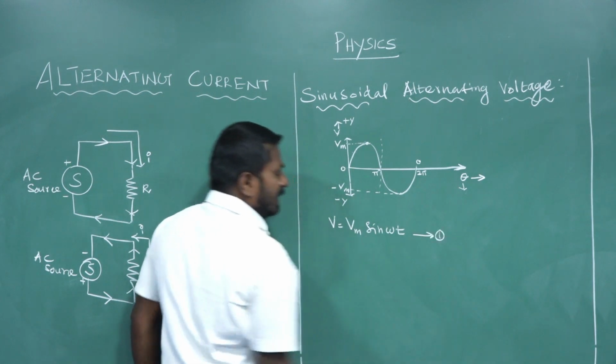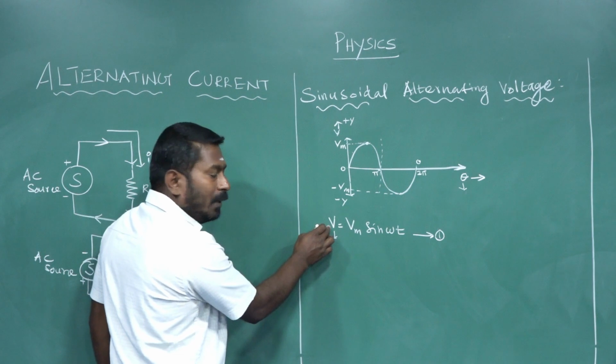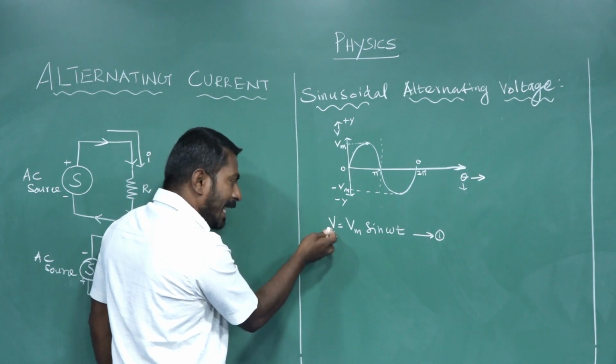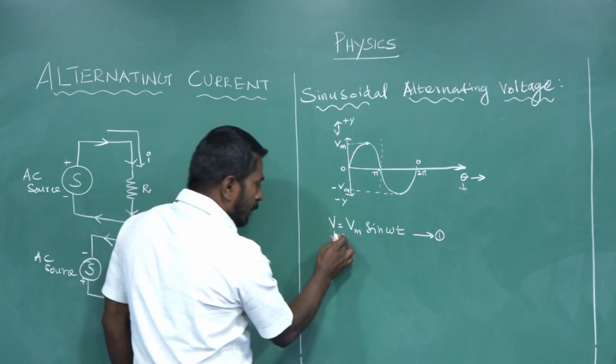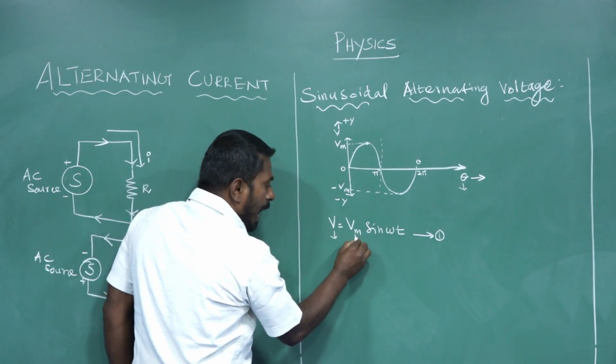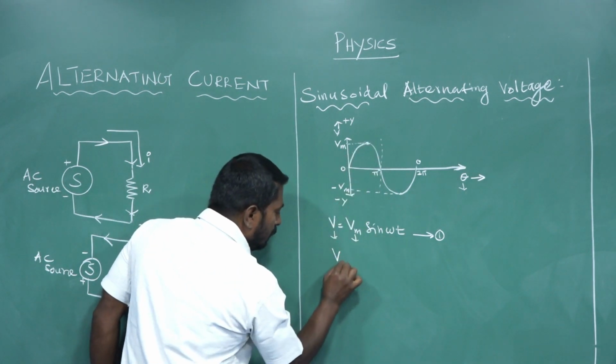It is an important expression. V is the instantaneous alternating voltage, representing the voltage at that instant. Vm is the amplitude of voltage, or the peak value of alternating voltage.